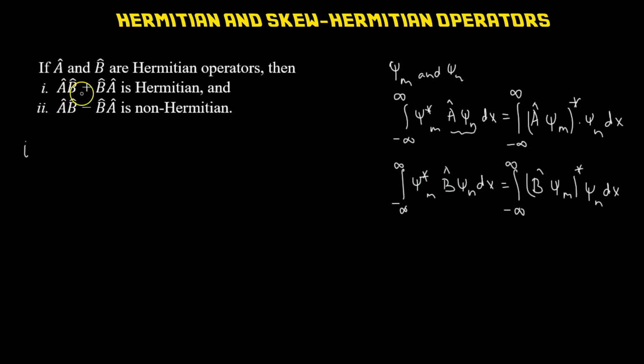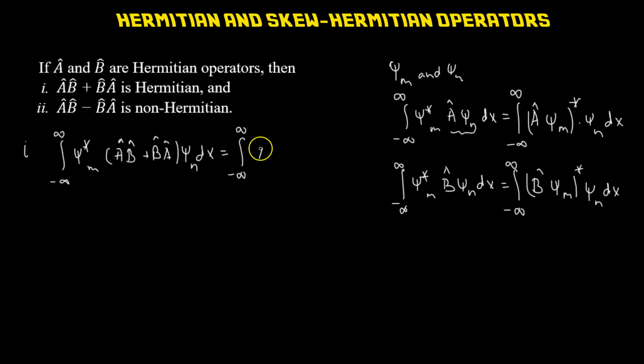We have to show that AB plus BA is Hermitian. That means we need to prove that the integral from negative infinity to positive infinity of the eigenfunction psi star m times the operator AB plus BA operating on the eigenfunction psi n dx must be equal to the operator AB plus BA operating on psi m, then we take the conjugate and multiply by eigenfunction psi n dx.